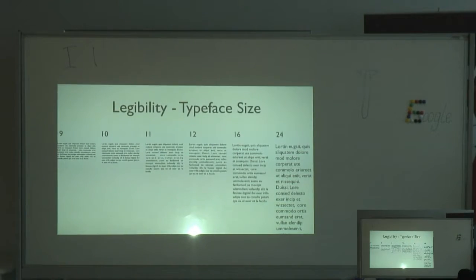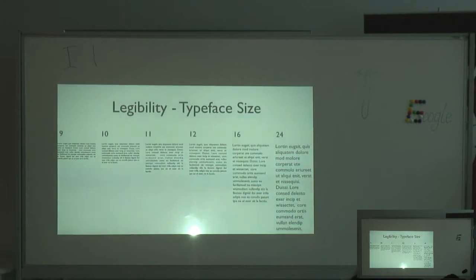So how about this usage? It actually depends, right? If you have something that is read like this, versus a poster on the wall or a projector, it all depends on the viewing distance. As a rule of thumb, somewhere between 9 and 12 is usually pretty safe for documents that are read while being held in hand.